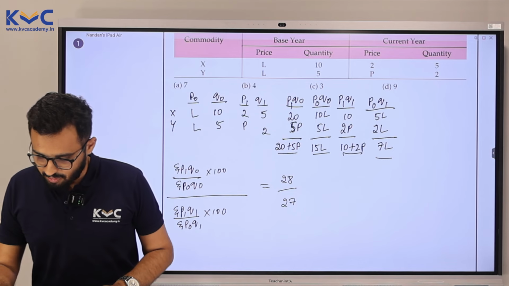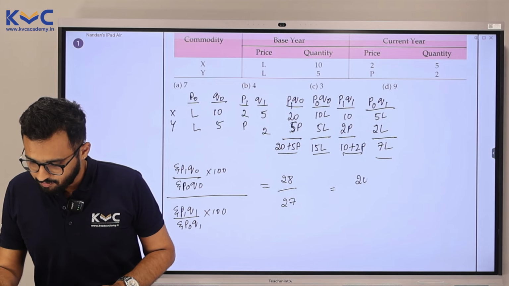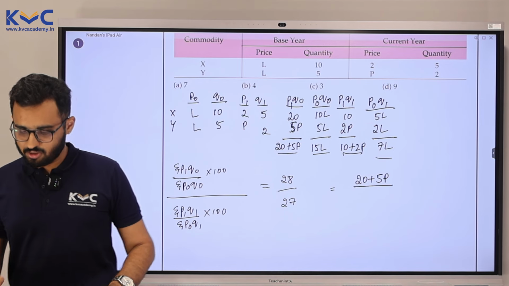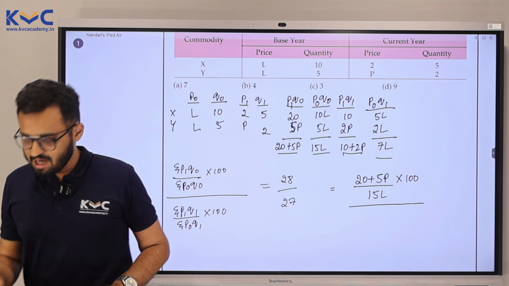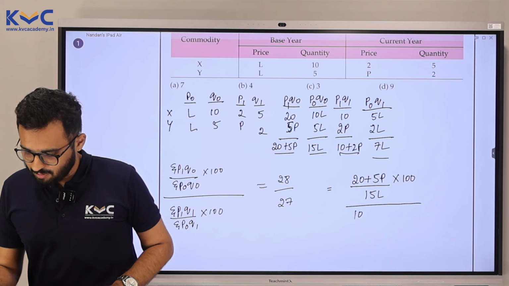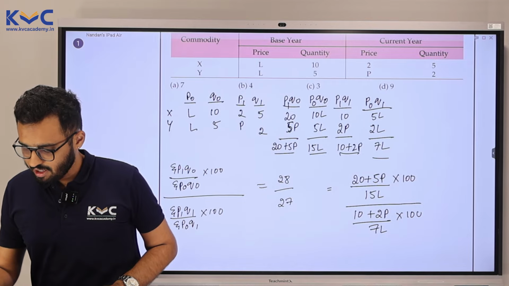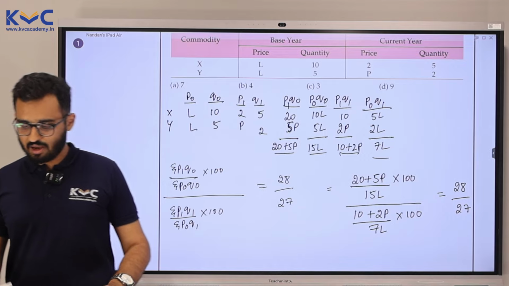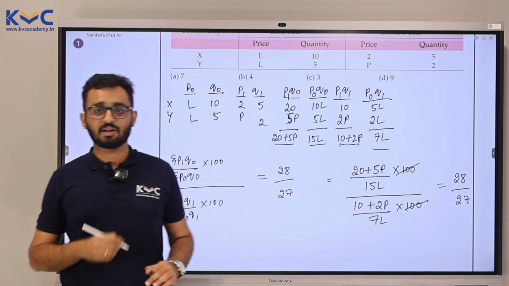I'll show you. Summation P1 Q0 is 20 plus 5P, divided by summation P0 Q0 which is 15L, into 100, divided by summation P1 Q1 which is 10 plus 2P, divided by 7L, into 100, is equal to 28 by 27. This is how we have it. Can I say 100 gets cancelled, numerator and denominator?